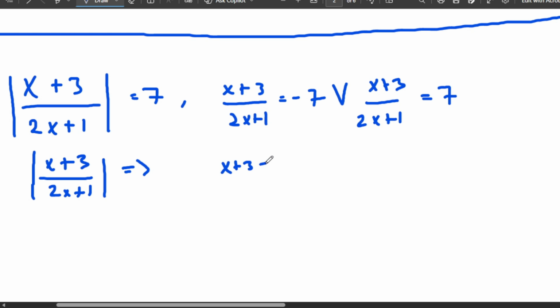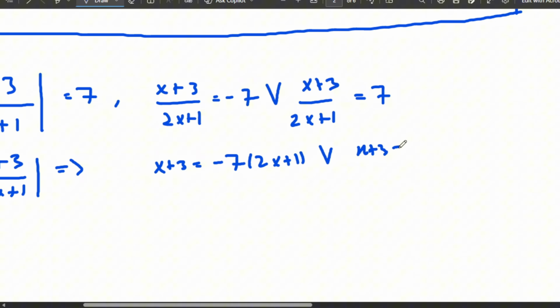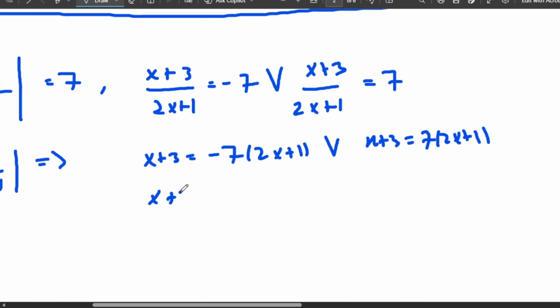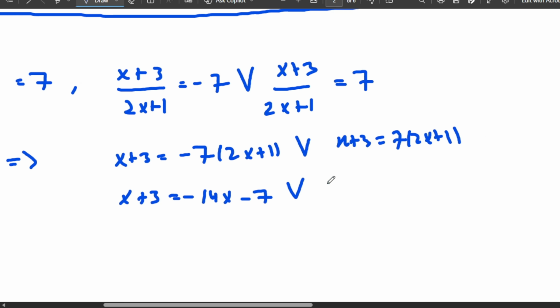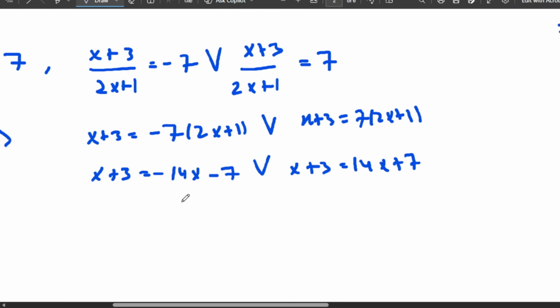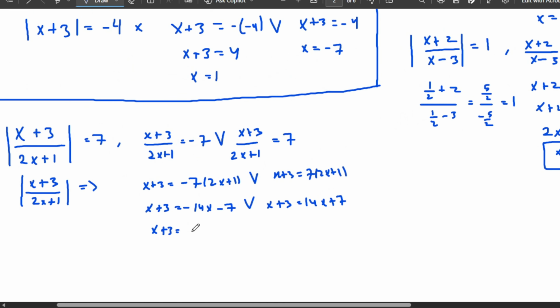We have x plus 3 equals negative 7 times 2x plus 1, or x plus 3 equals 7 times 2x plus 1. So x plus 3 equals negative 14x minus 7, or x plus 3 equals 14x plus 7. We subtract 3 from both sides: we have x equals negative 14x minus 10, or x equals 14x plus 4.